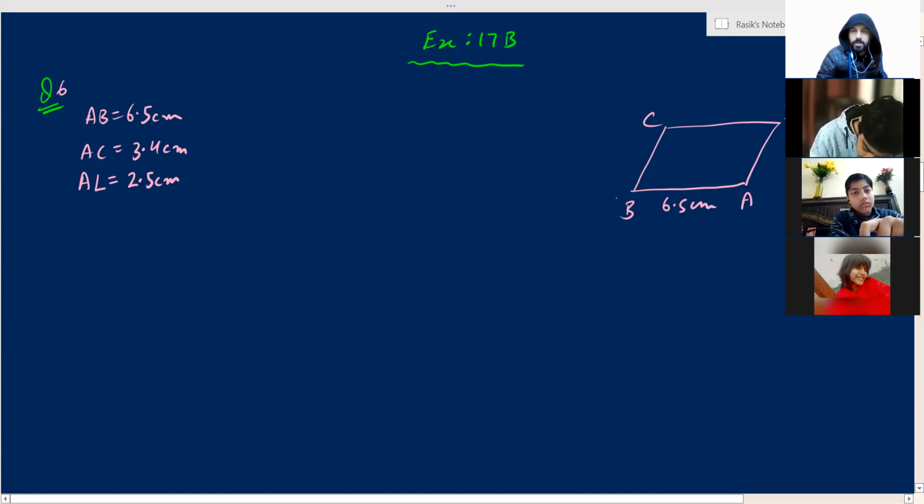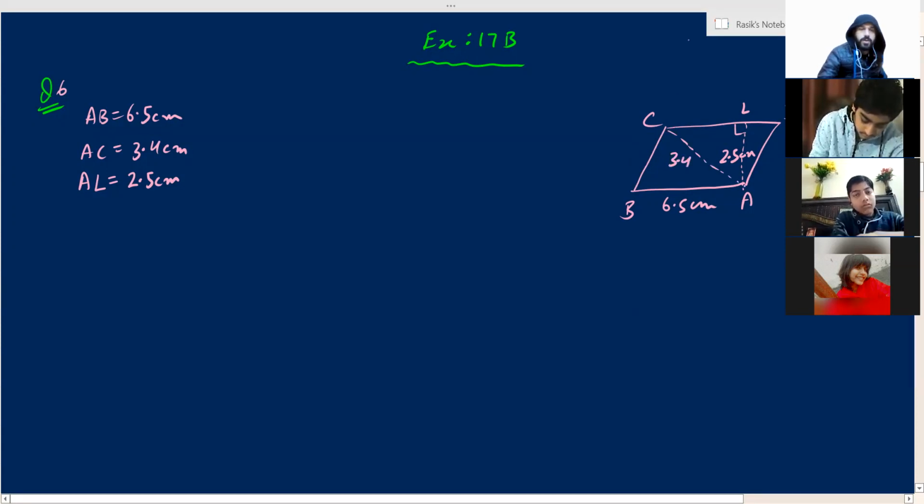Now what we are going to do is construct a perpendicular from vertex A first. This perpendicular is given as 2.5 centimeters, AL, and the length of AC is 3.4. So this is what we have to do.